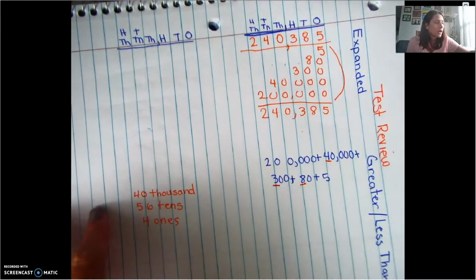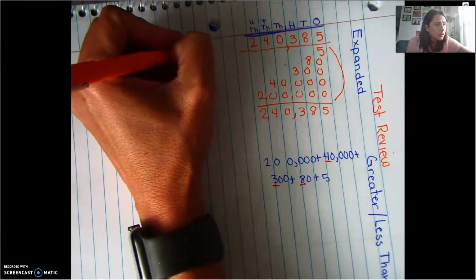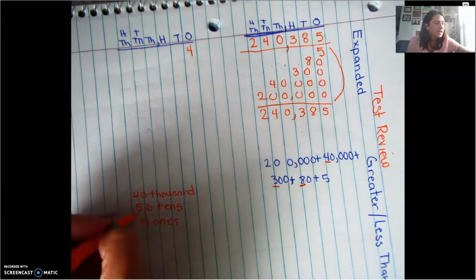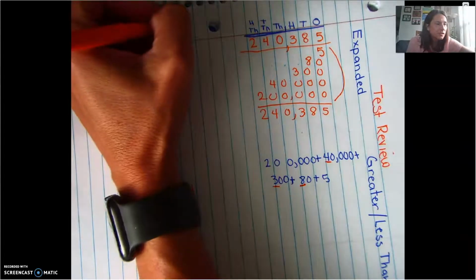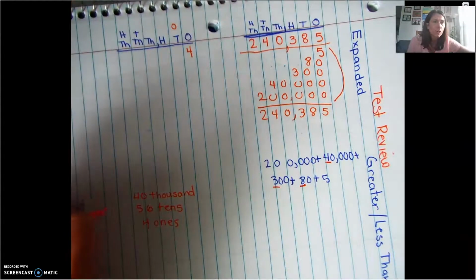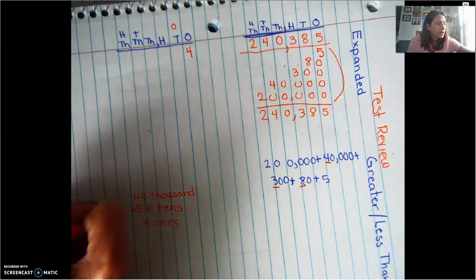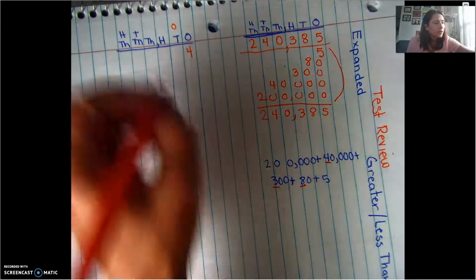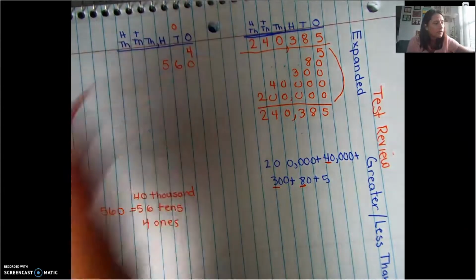So when I have ones, that's fine. So I can put my ones right here. Now 56 tens. So tens have how many zeros? How many zeros should tens have? Just one, right? So that really equals 560. So if I put this into here, that's going to look like 560.